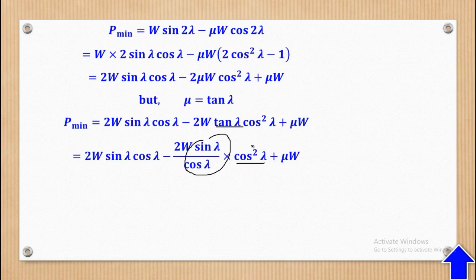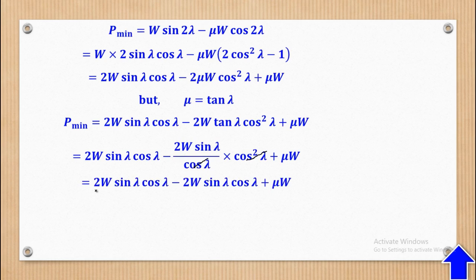Here we have cos squared, which is that. Now when you look at this, you realize that cos and cos go, with one cos to remain with only cos lambda, and that cos lambda will multiply by this to give you sine lambda cos lambda. Therefore in the end we'll come up with 2w sine lambda cos lambda minus 2w sine lambda cos lambda plus mu w.